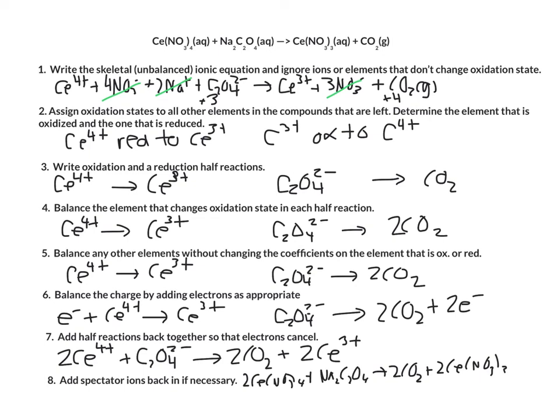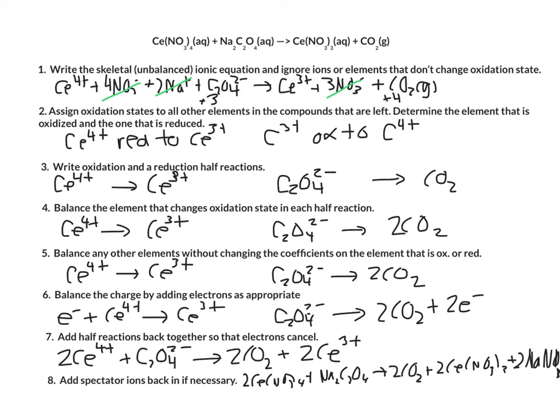And to finish balancing this, we need to recognize that we have sodiums on this side of the equation and no sodiums on the product side. And we have a total of 8 nitrates on the reactant side and 6 nitrates on the product side. So we need 2 more nitrates on the product side and we need 2 sodiums on the product side. But that's really nice because if we just add 2 sodium nitrates into our products, we will end up with a balanced equation.